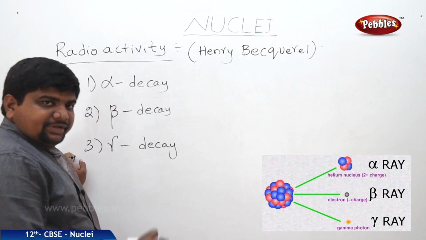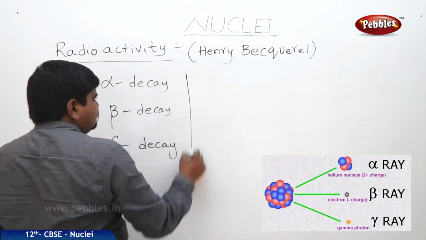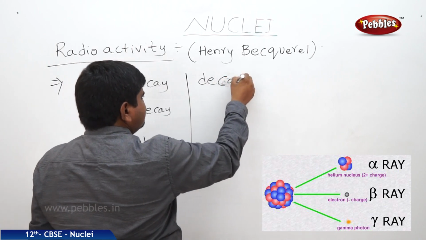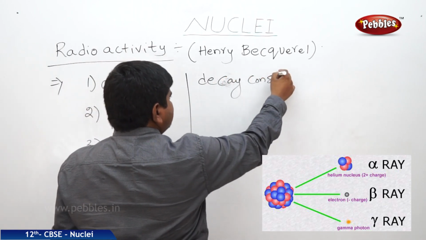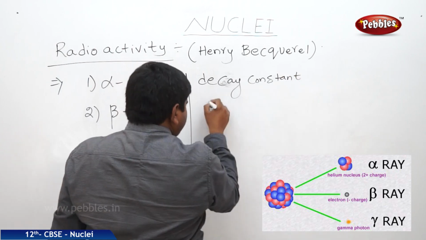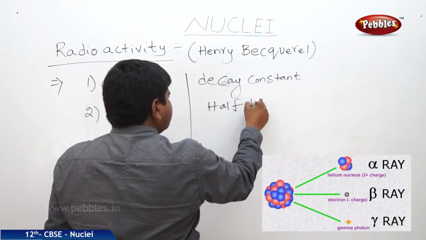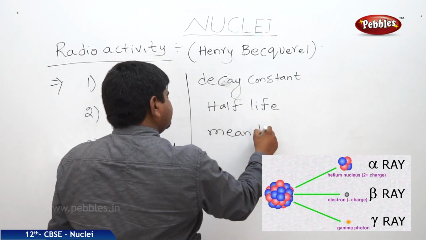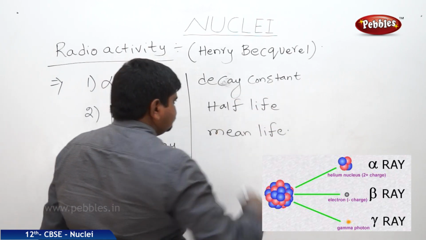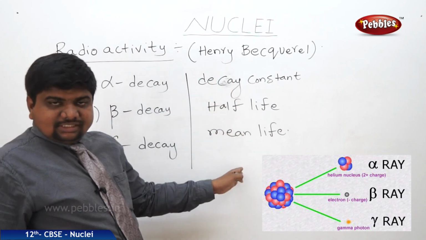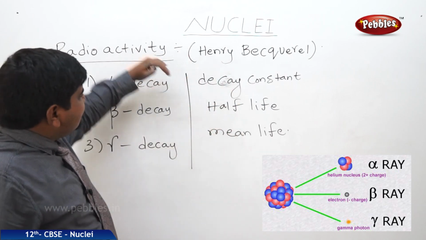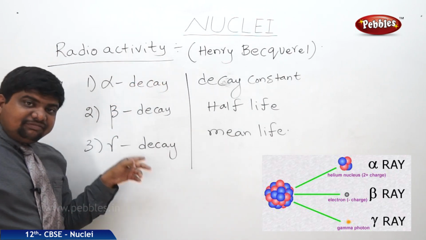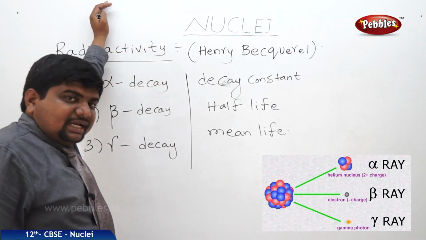But in radioactivity, we should find the decay constant, half-life and mean life. These three things are useful to describe the activity of a radioactive element.